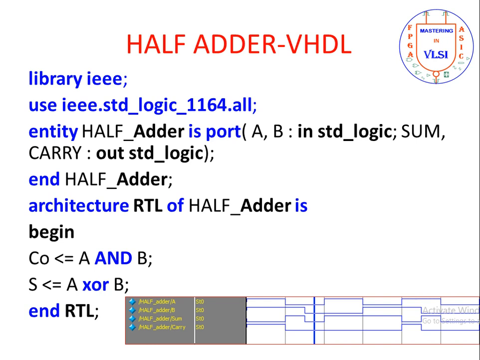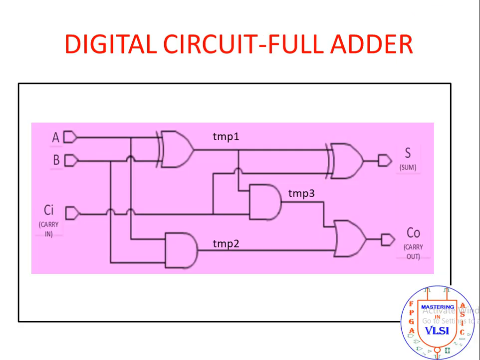Those are non-blocking assignment operators. CO less than or equal to A and B, that is the carry. S less than or equal to A XOR B, that is the sum. At the bottom we have specified the waveform for all the combinations.